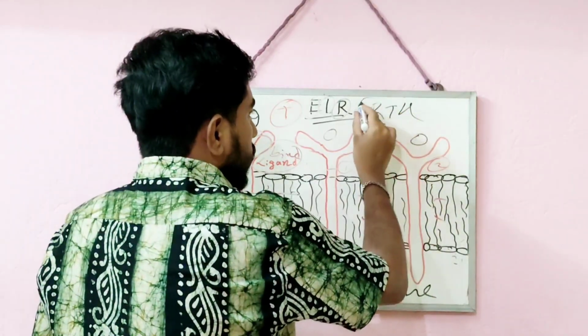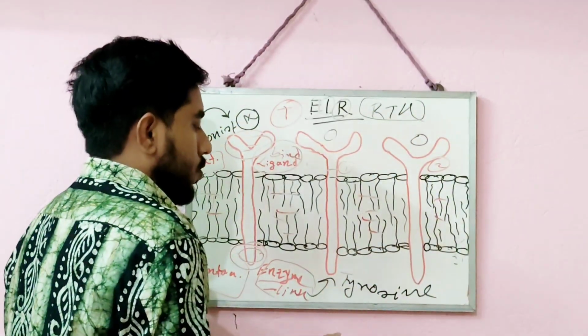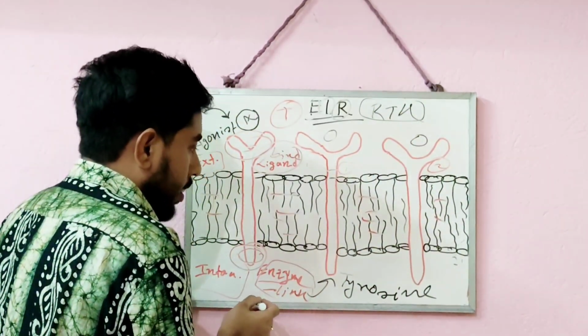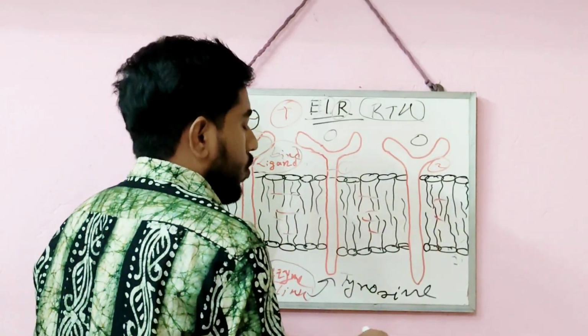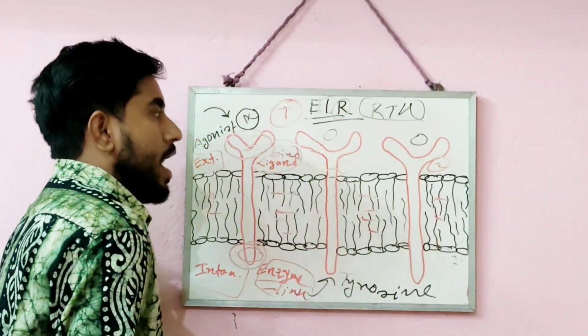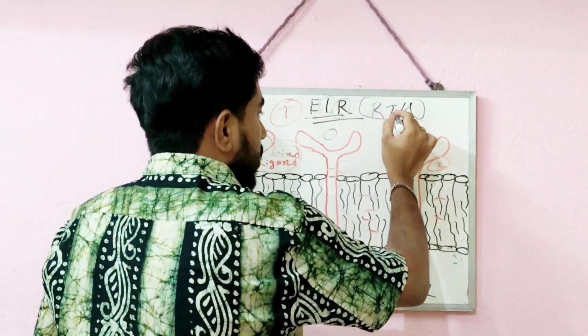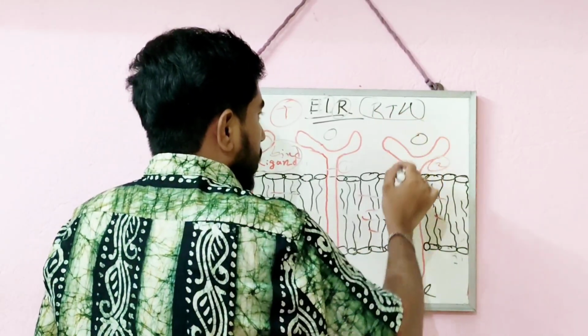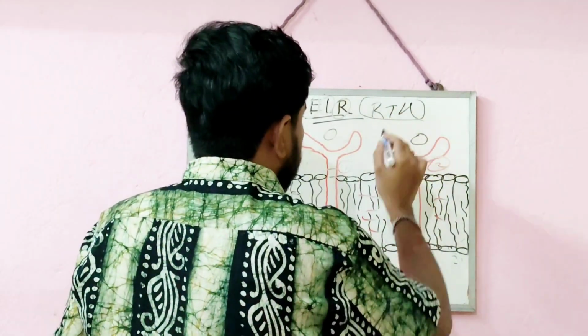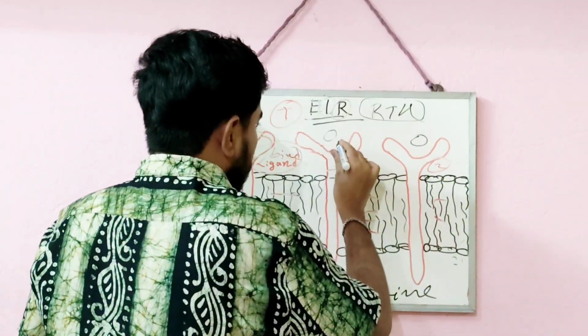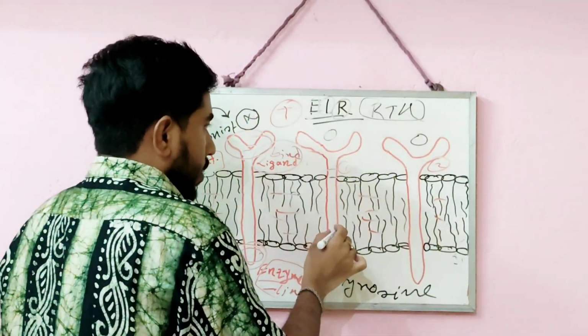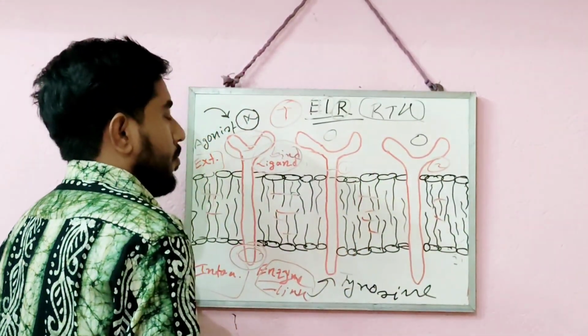What will that RTK do? I already told you that in the enzyme linked binding domain, the tyrosine enzyme will come and bind with a receptor and form a complex called receptor tyrosine kinase or RTK. That RTK will bind with the receptor already present in the transmembrane.